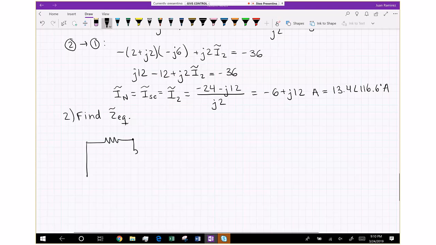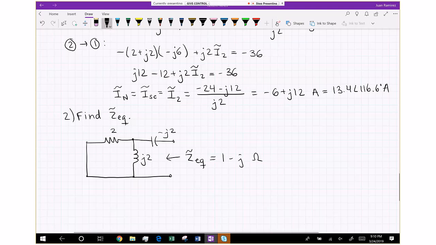We're going to kill that 12 volt source. And we're going to look at the impedance from the load terminals. And we can just write what we got from last time, which is 1 minus J.